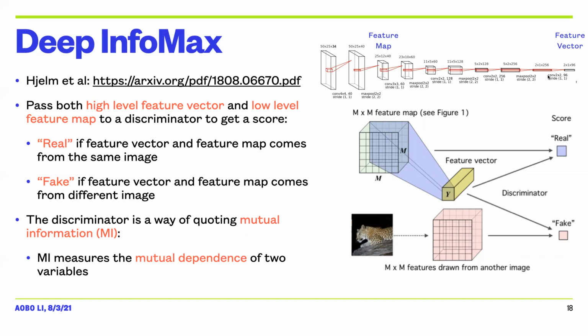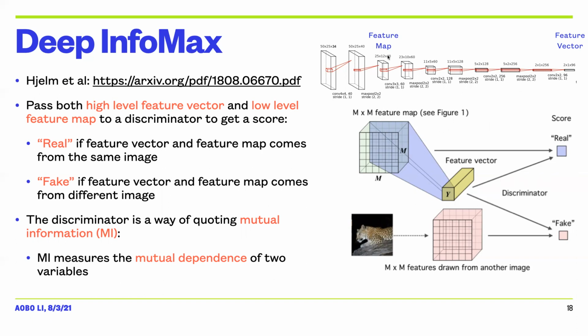It passes both of them to a discriminator to get a score. We call the classification decision real if the feature vector and the feature map are from the same image.